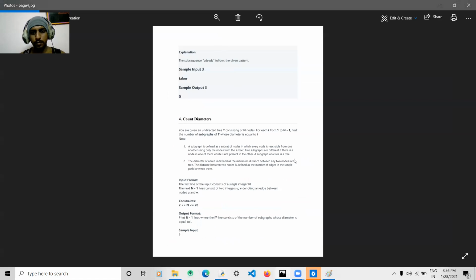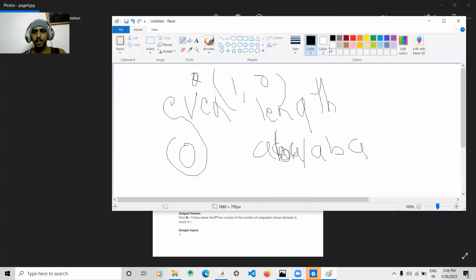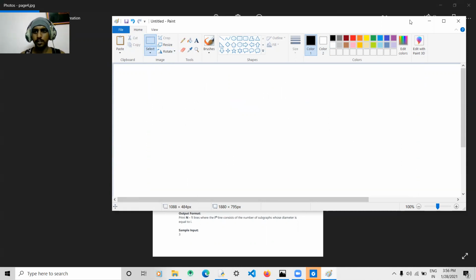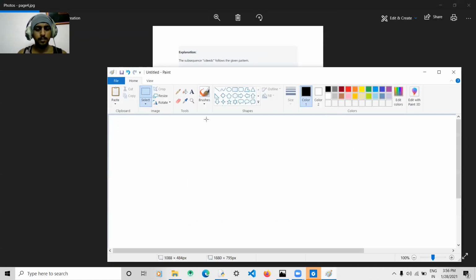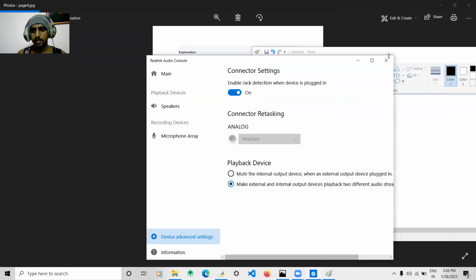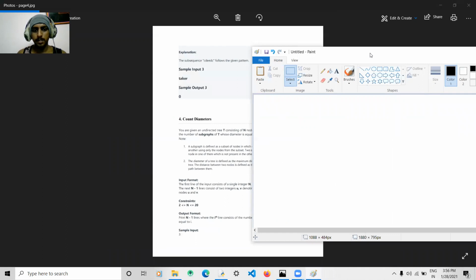Let's move on to the fourth problem, which is my favorite. And this one I would explain in detail because I tried to figure out the solution on the internet, maybe on CodeChef or on Discuss, but I didn't see the solution. So I would explain this one in very much detail.